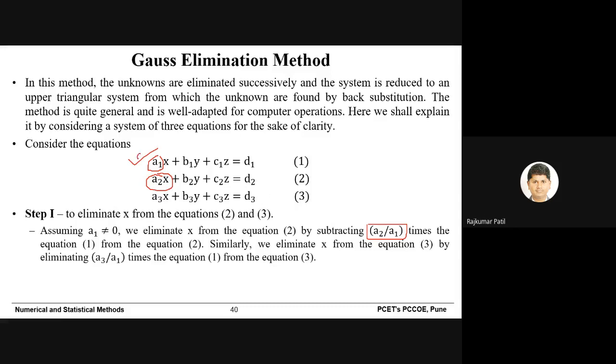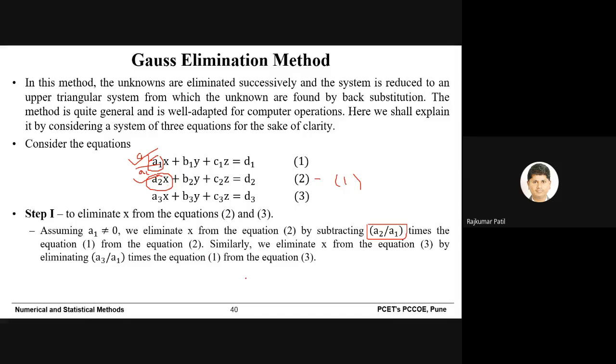So if you multiply this equation by a2 divided by a1, and if you subtract it from equation 2, then you can make this term 0. So this is how you can make a2x 0 in equation number 2.